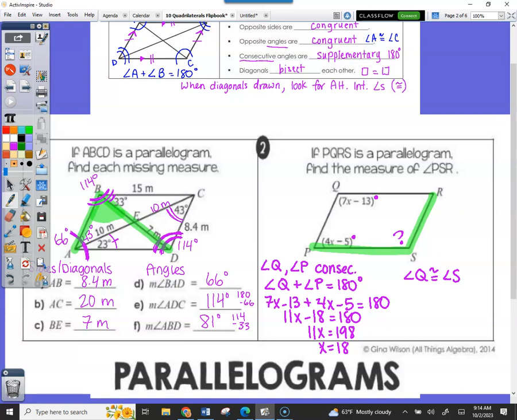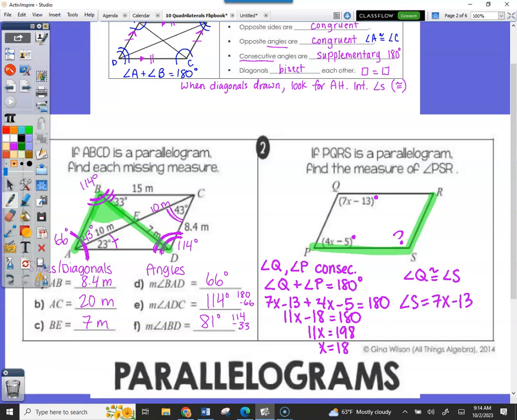The question was, what's the measure of angle S? And we said we don't really have to find angle S. We can find angle Q. Now I know what x is. What do I do? Plug it in. So angle S is going to be the same expression as angle Q because we said they're congruent.